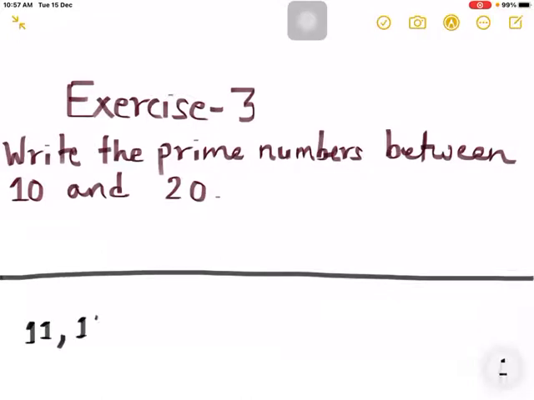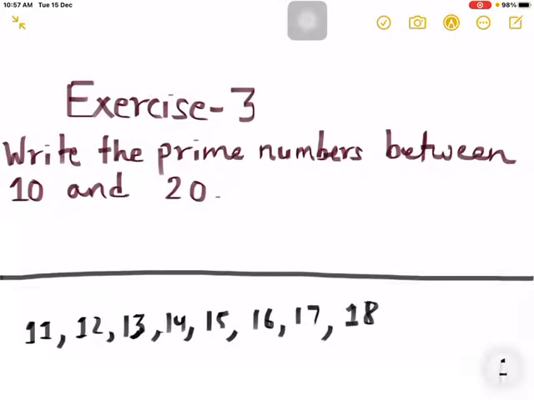11, 12, 13, 14, 15, 16, 17, 18, 19. So these are the numbers between 10 and 20. So we have to check whether the given numbers are prime or not. Is 11 prime or not?